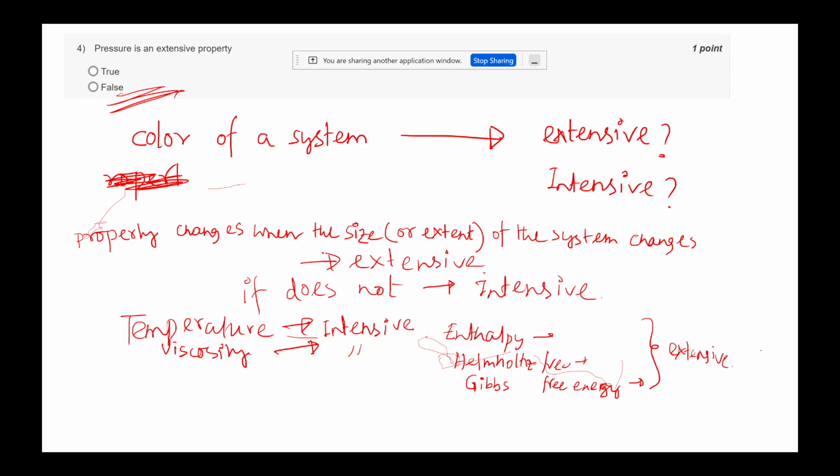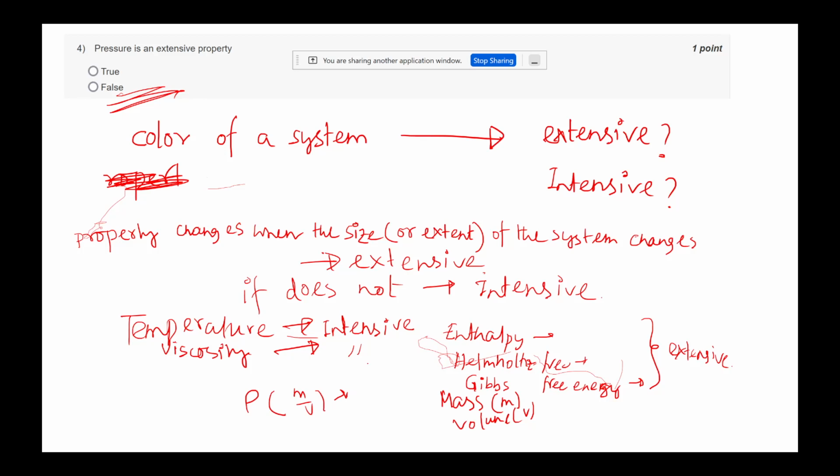So heat actually is extensive, but when you take it per volume, that is specific heat, then you are talking about an intensive property. For extensive properties, mass and volume are both extensive, but density, which is m by v, is intensive.